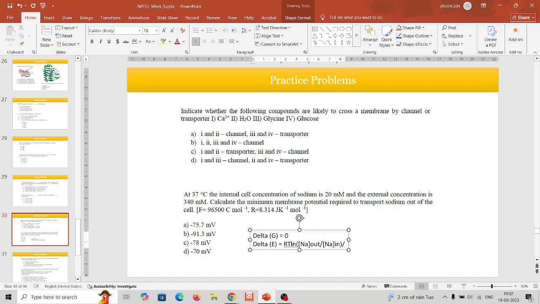divided by ZF. What is Z? That is the charge on the ion, so that is 1, and you can neglect that.